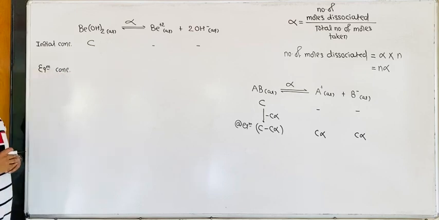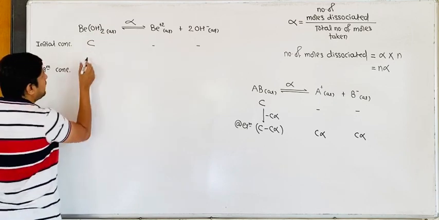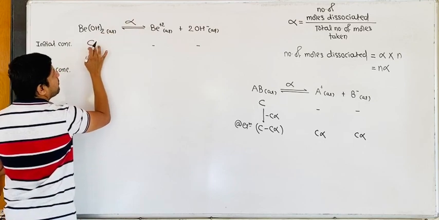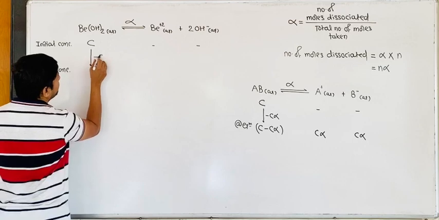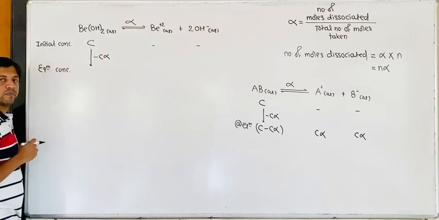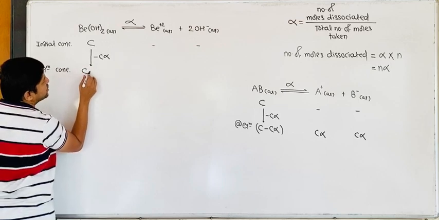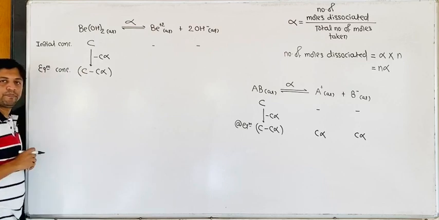Till equilibrium is attained, some amount of Be(OH)2 will be consumed, and that amount is C into alpha. So the amount of Be(OH)2 remaining undissociated is initial minus the amount consumed, C minus C into alpha.